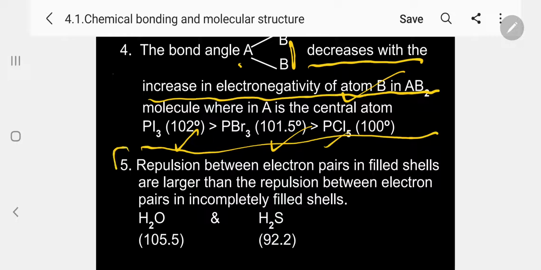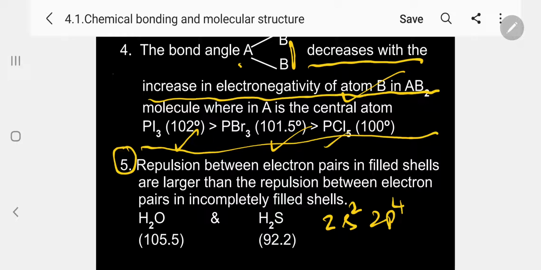The next one, 5: repulsion between electron pairs in filled shells is larger than the repulsion between electron pairs in incomplete filled shells. How to understand this? Take oxygen, 2s2 2p4.